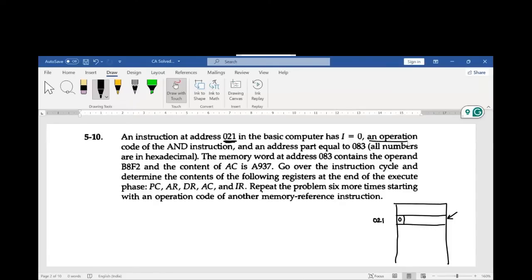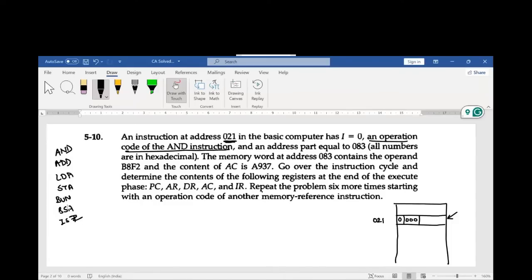Then an opcode of the AND instruction. We know that the AND instruction is a memory reference instruction and its code is 000. The first instruction of memory reference is AND, add, load, store, BUN, BSA, ISZ.